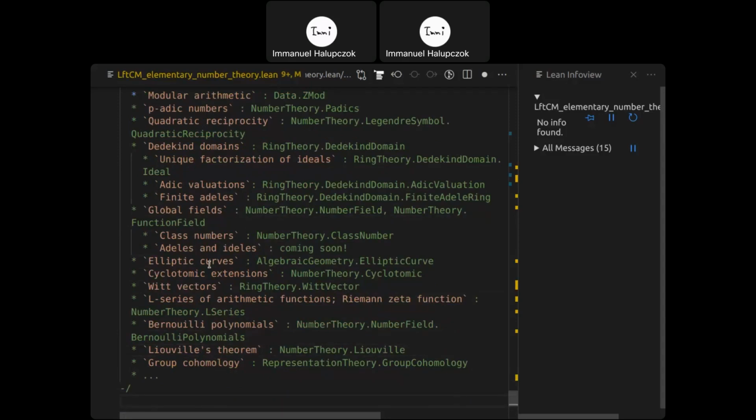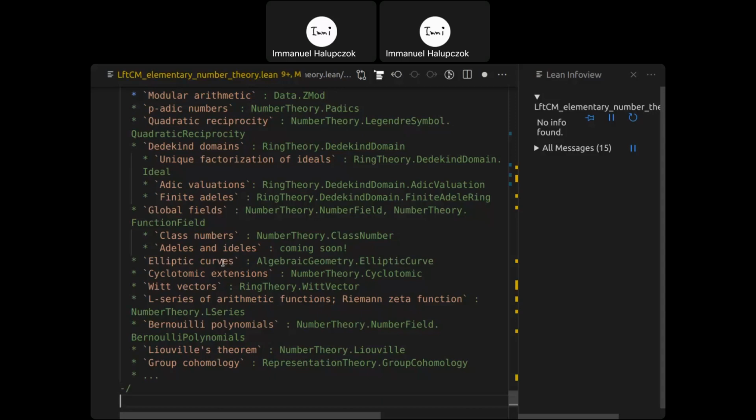We have elliptic curves, and this was very interesting recently because until maybe 6 months ago or something like that, we had a definition of elliptic curve, but we didn't have a proof of associativity. Because if you want to do the proof from the equations, the polynomials that appear are too big, and Lean could not handle these polynomials.